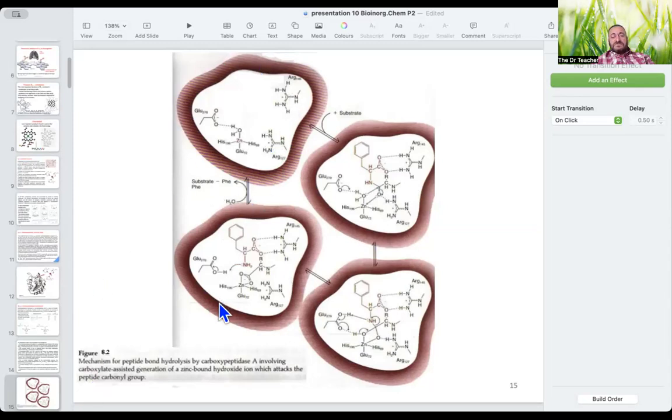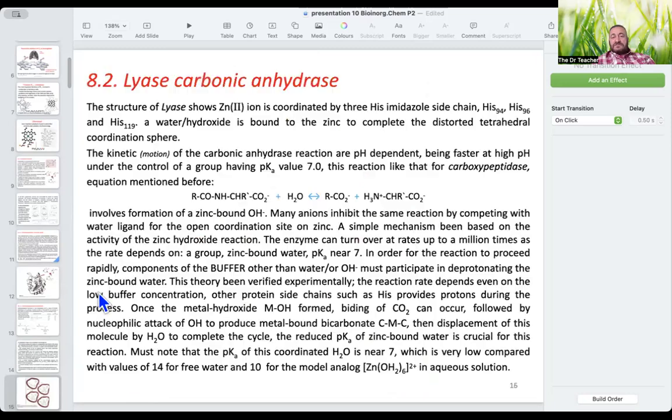So this is the mechanism for peptide bond hydrolysis by carboxypeptidase. Carboxypeptidase is the enzyme which increases the speed of the hydrolysis reaction. And everything here is being studied.